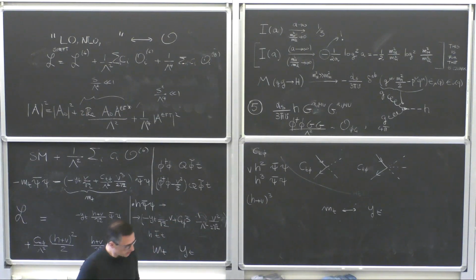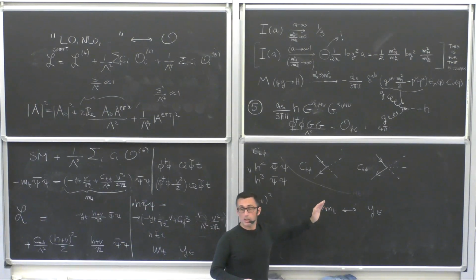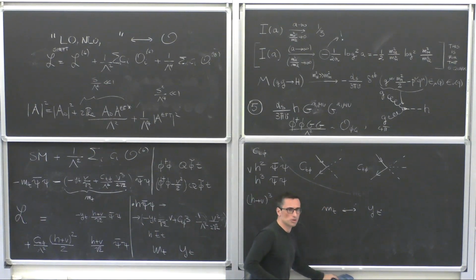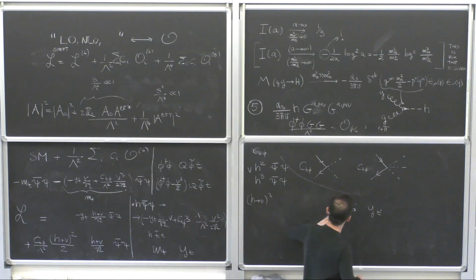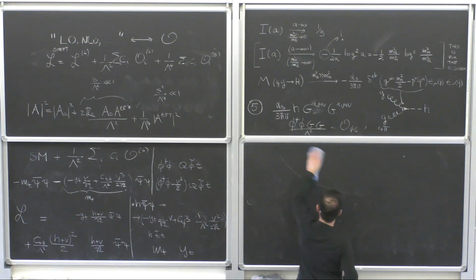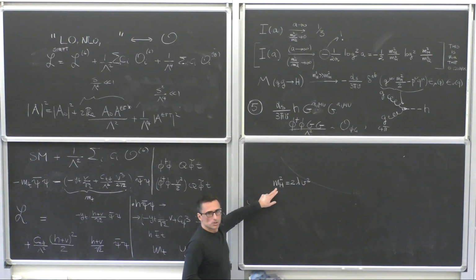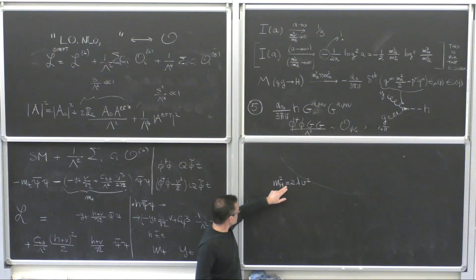So, remember, what I want to say, and then I'll stop, is that this feature is actually a property of the standard model and of adding a dimension 6. So in the standard model, for example, the mass of the Higgs is 2 lambda v squared, right? So when you do the potential, remember, the mass of the Higgs is related to lambda.